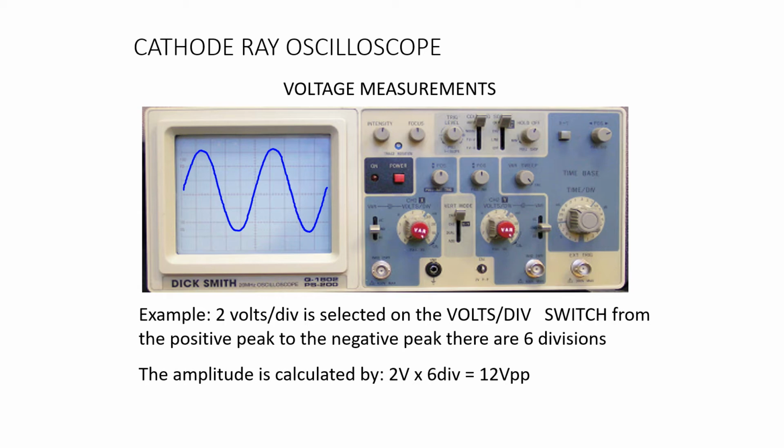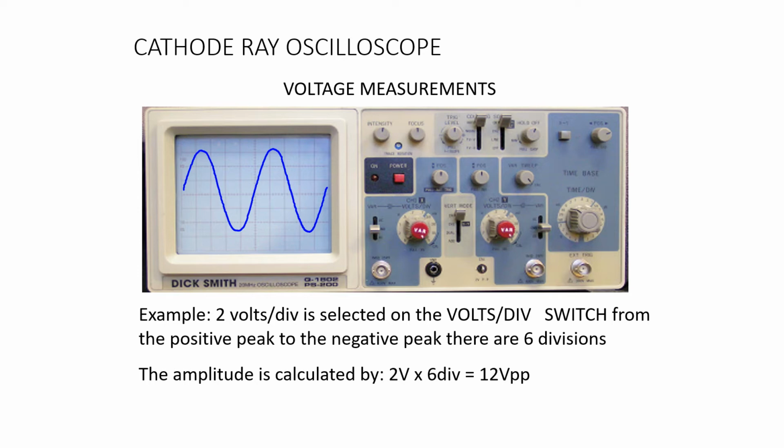In this waveform, we have selected 2 volts per division on the front panel control of the CRO, and for one cycle from peak to peak, there are 6 divisions. So the amplitude is calculated as 2 volts into 6 divisions, which is equal to 12 volts peak to peak.